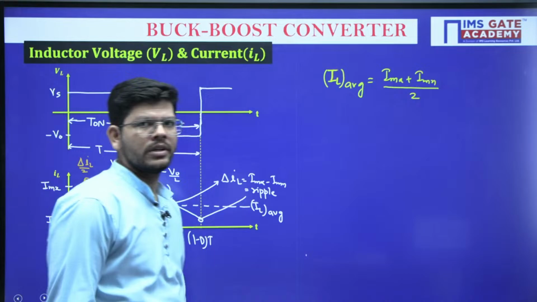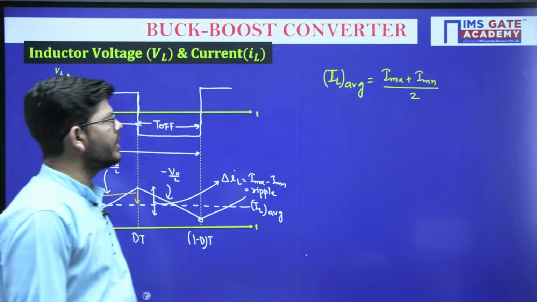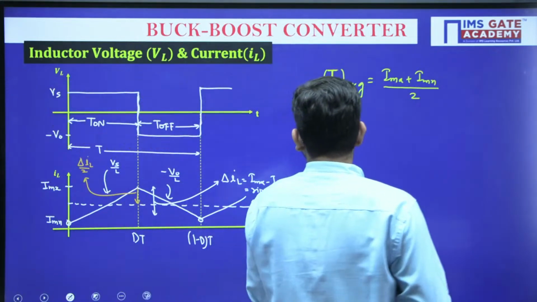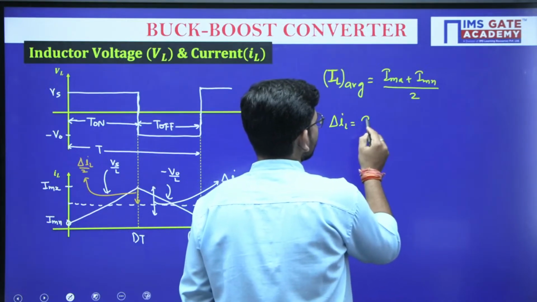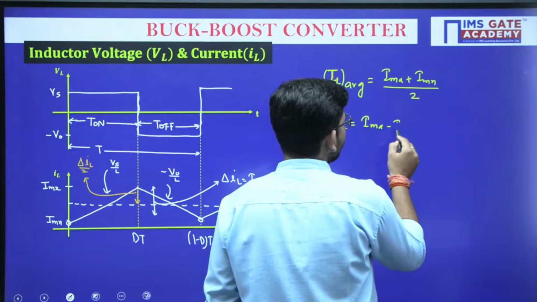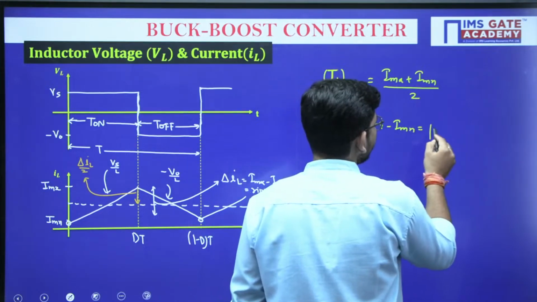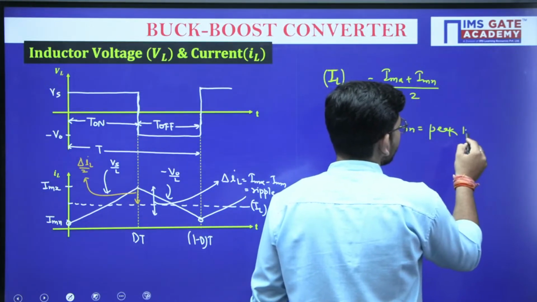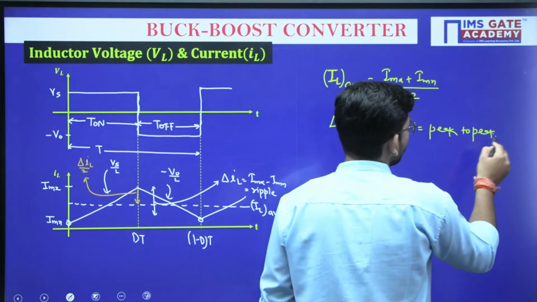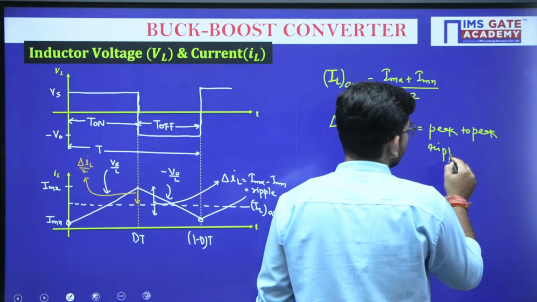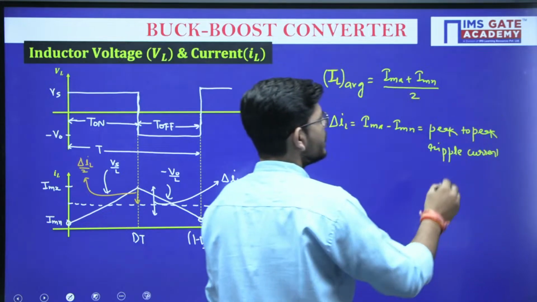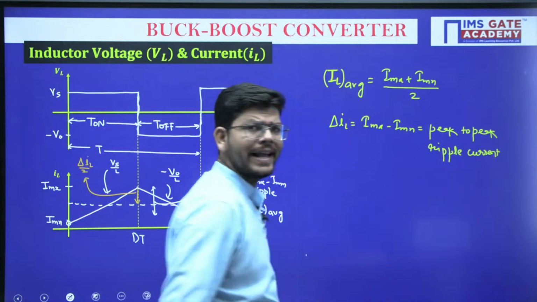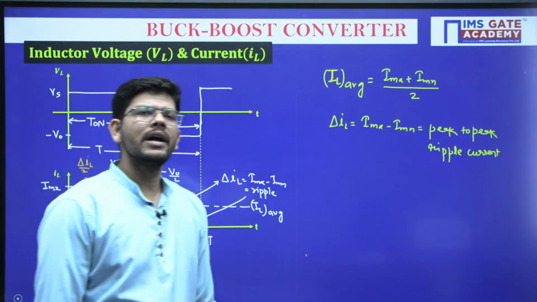And del IL is basically I max minus I min, called the peak to peak ripple current. We will calculate all those quantities later in our discussion.